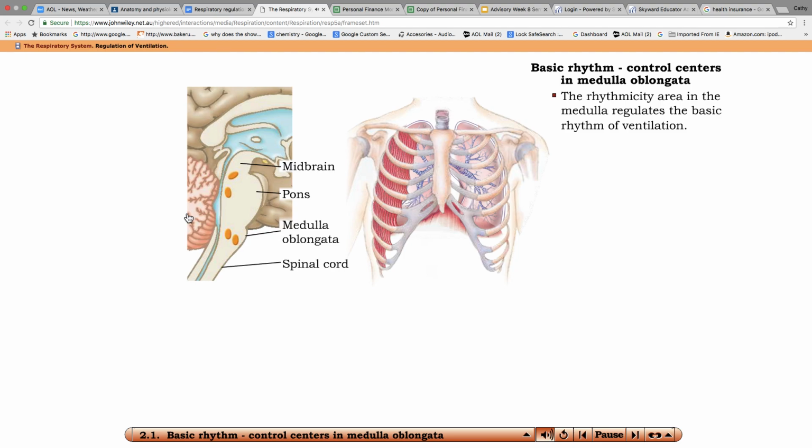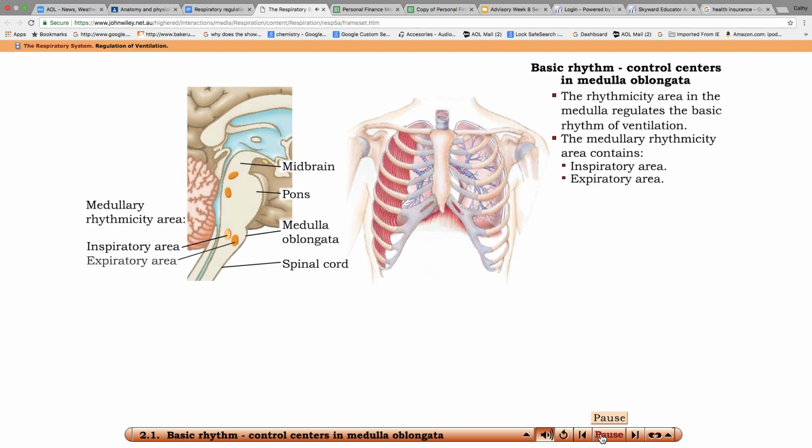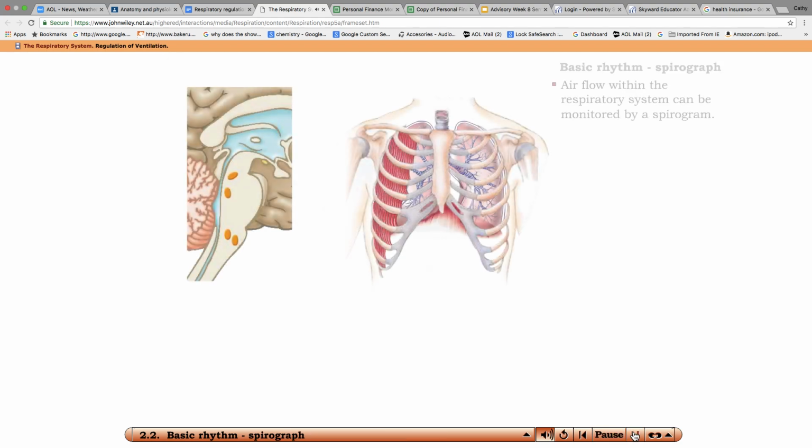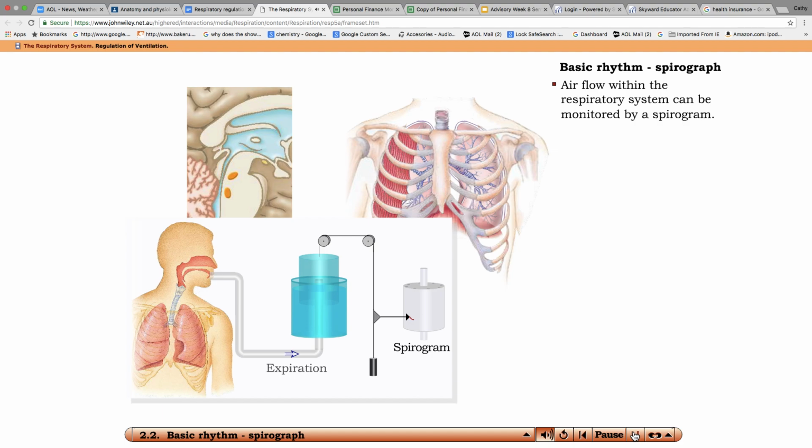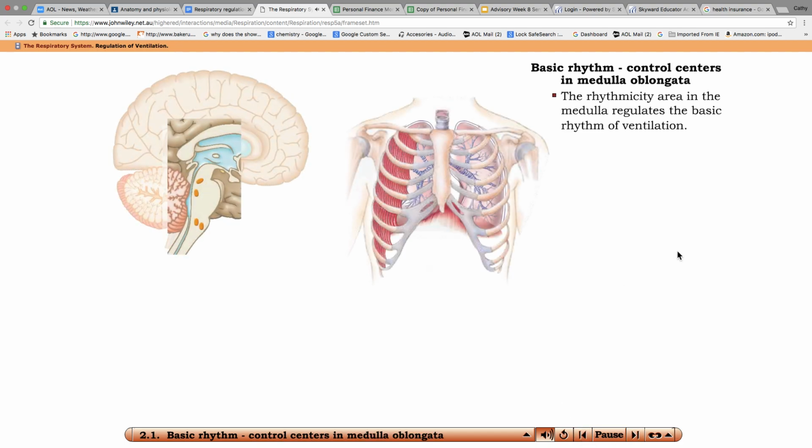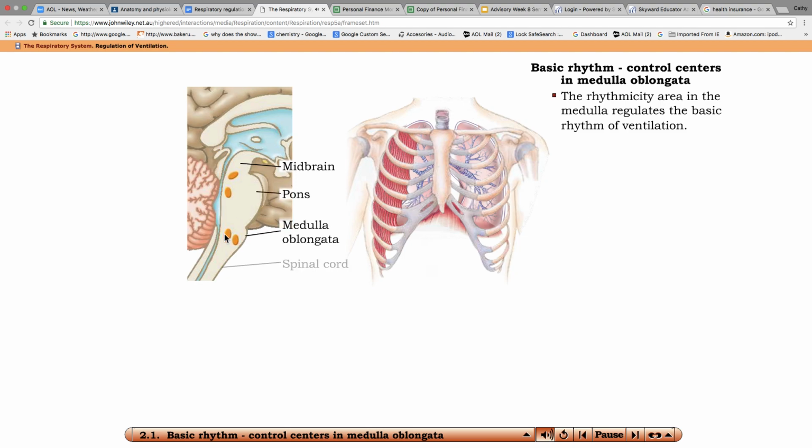My medulla oblongata, the inspiratory area, sends the message. It causes the diaphragm and the external intercostals to contract. That will cause the respiration. So if you're exercising, what happens above and beyond? What has to increase?